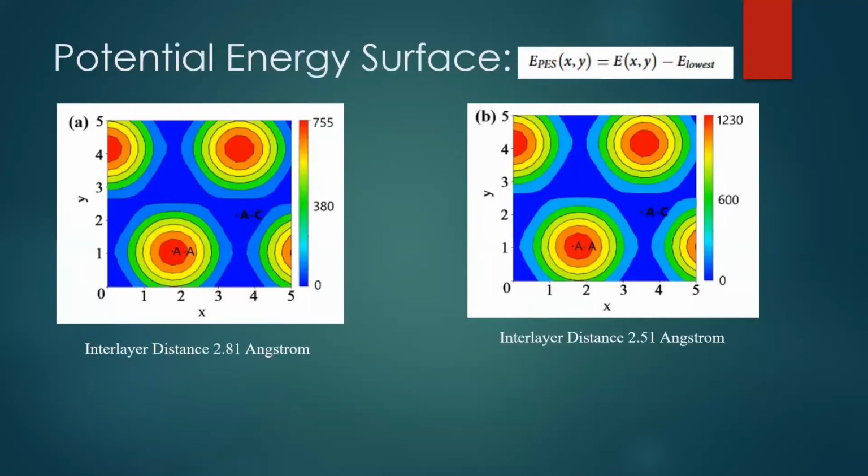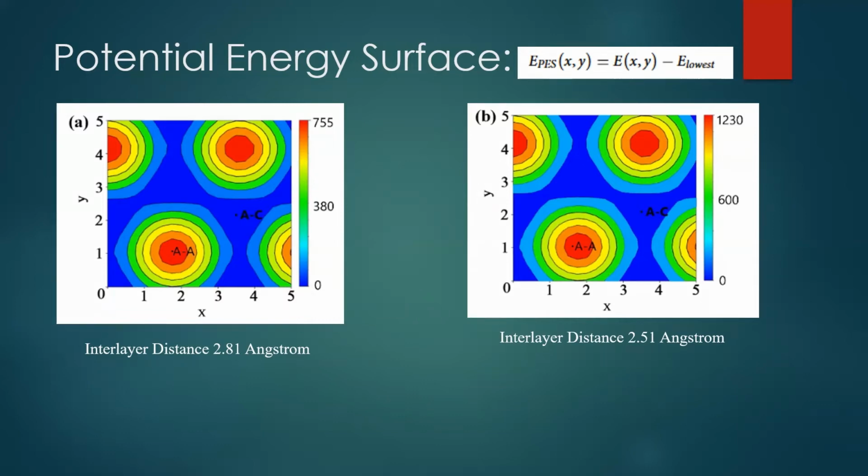Tribo-piezoelectricity in the bilayers. Now we're going to discuss the potential energy surface. To find it, we keep the bottom layer fixed and translate the top layer to different XY positions, and we record the energy change as well as the polarization change.